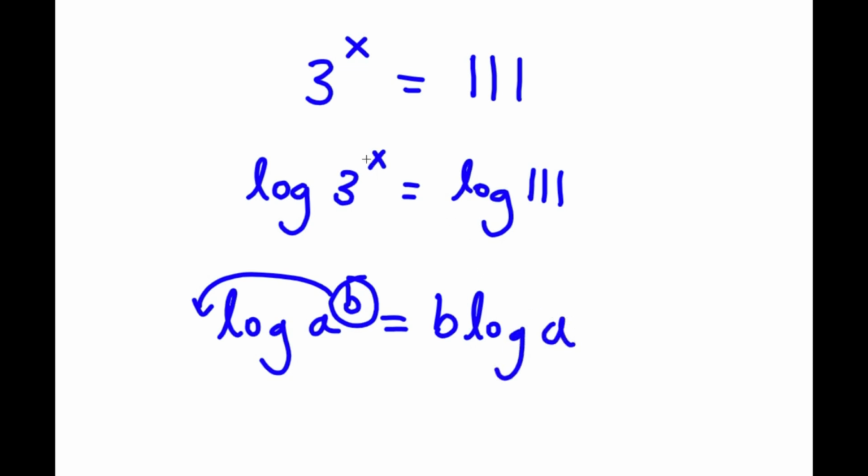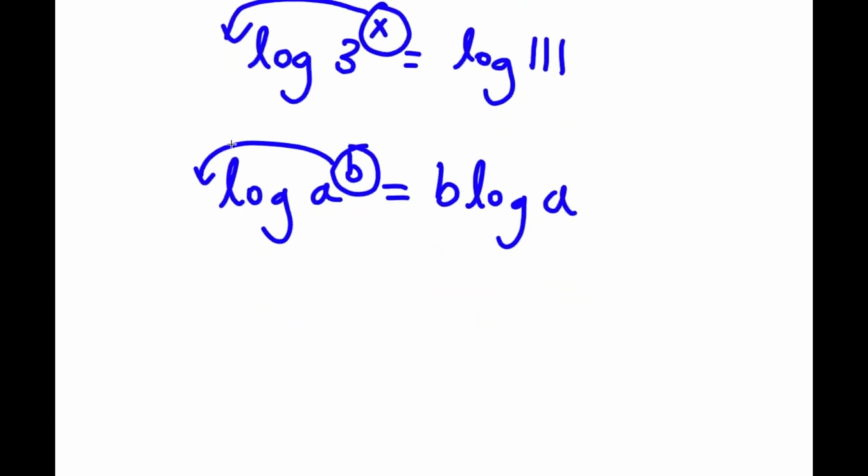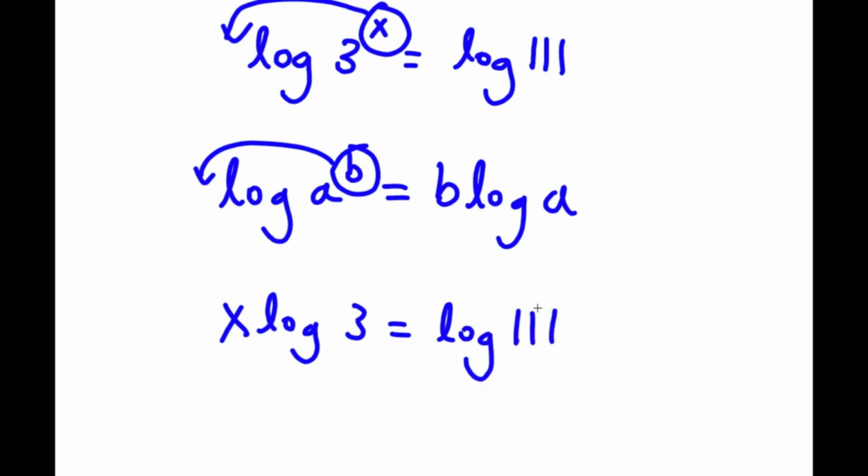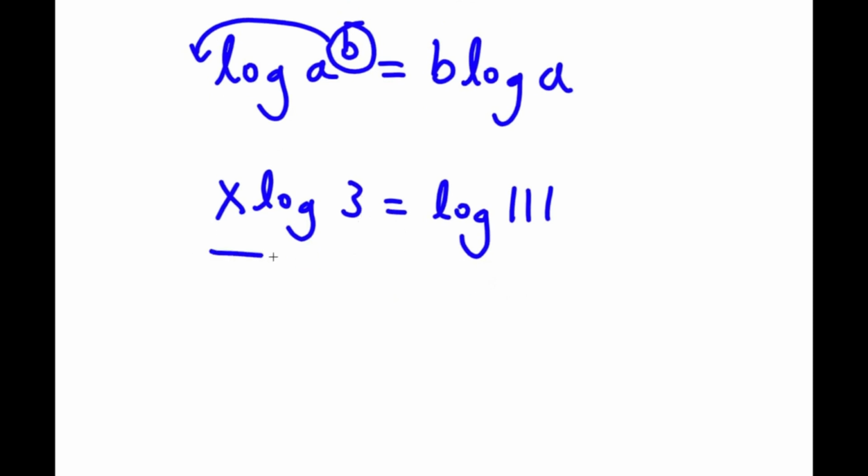So for log 3 to the power of x, I can move x to the front. So now that would lead to me having x times log 3 is equal to log 111. So now what I'm going to do is divide both sides by log 3.